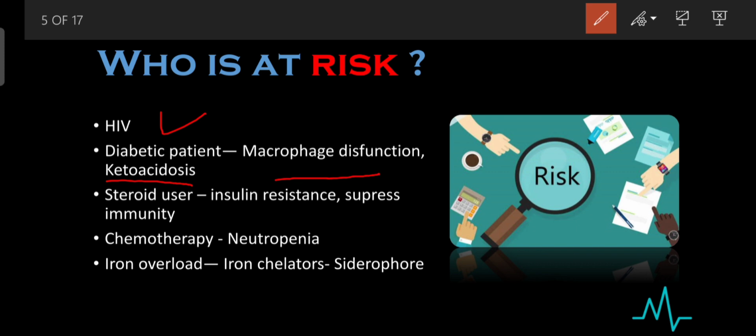The second reason is steroid use. Nowadays, as we know, COVID patients are suffering from this particular situation.